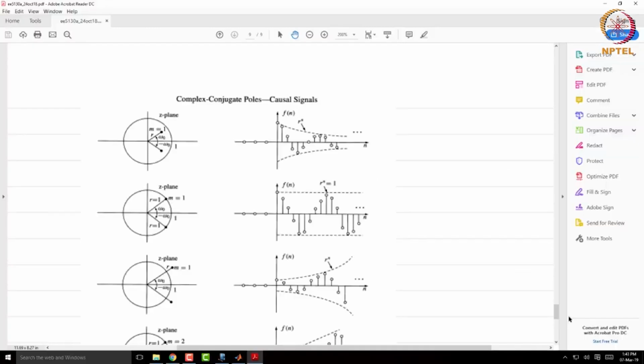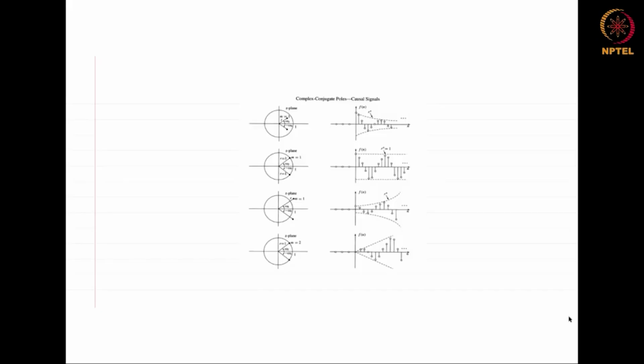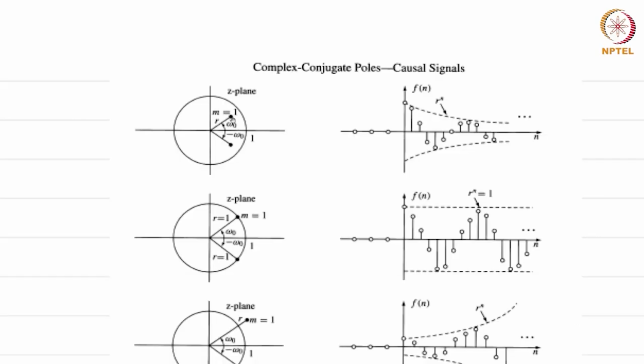Now, the complex conjugate case. If you had two complex conjugate poles, radius r, angle omega naught and minus omega naught, then this is the form r to the n cosine of omega naught n plus theta.